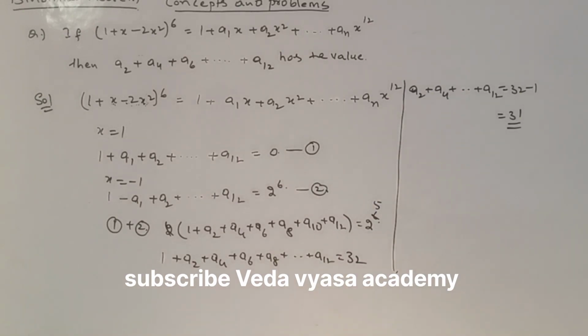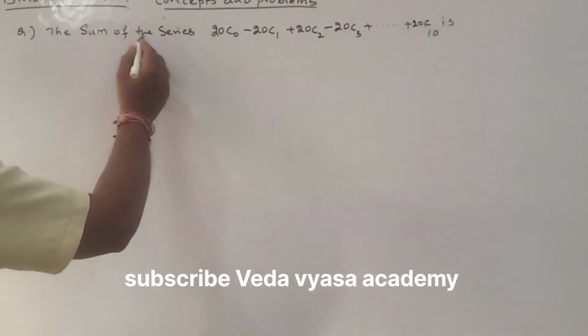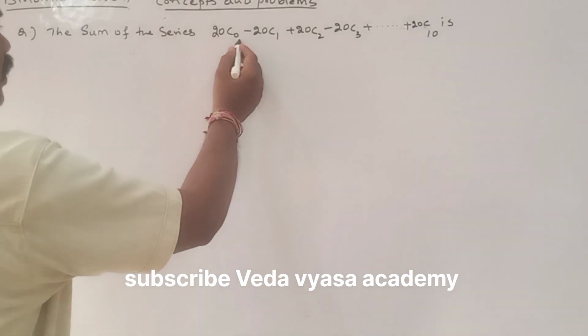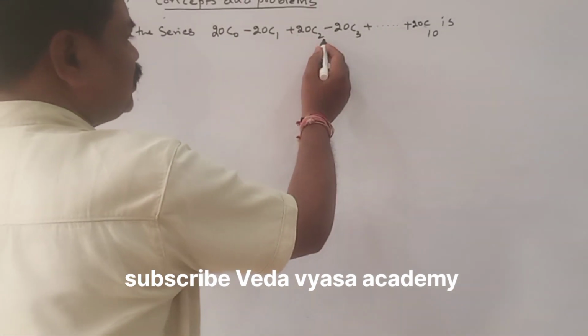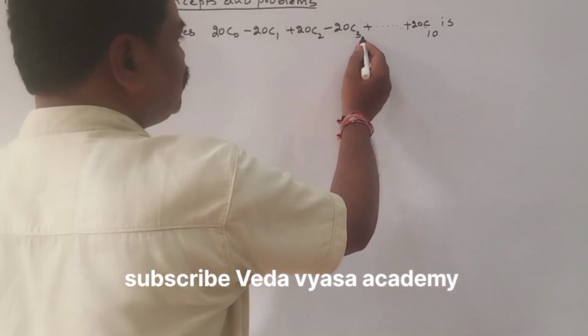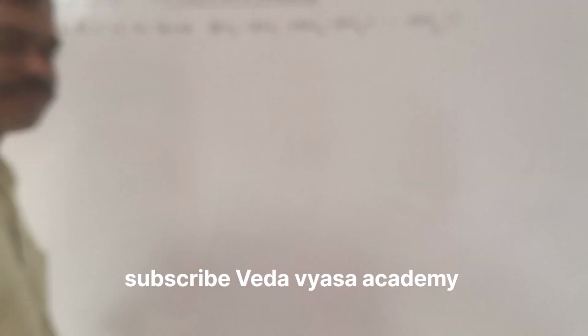Here we have one more problem on binomial theorem. The sum of the series 20C0 - 20C1 + 20C2 - 20C3 + so on + 20C10 is.